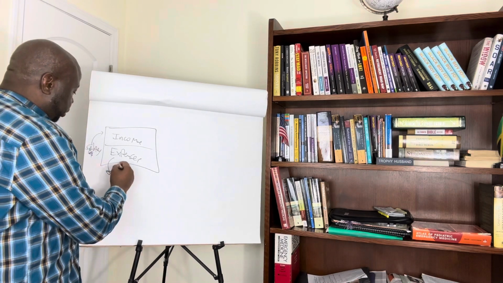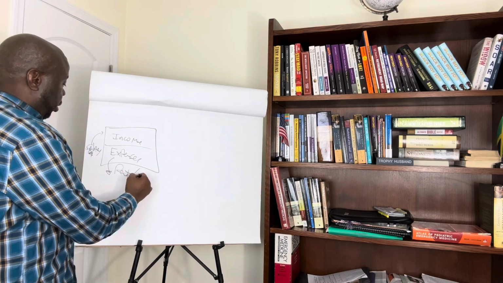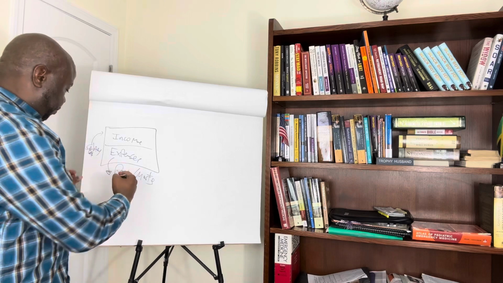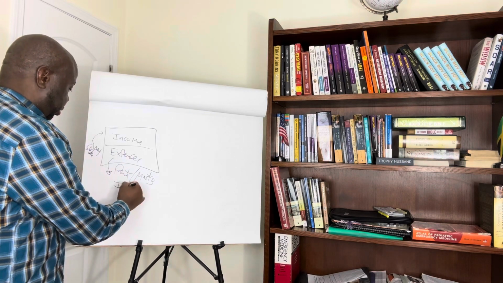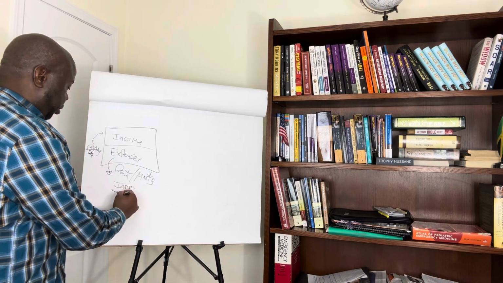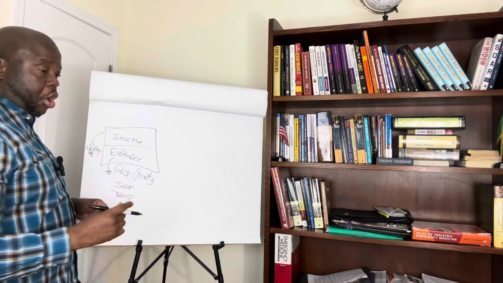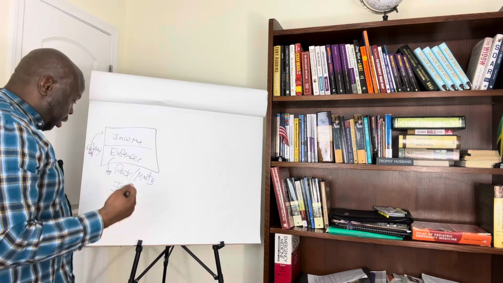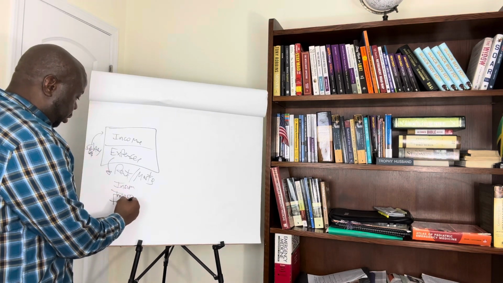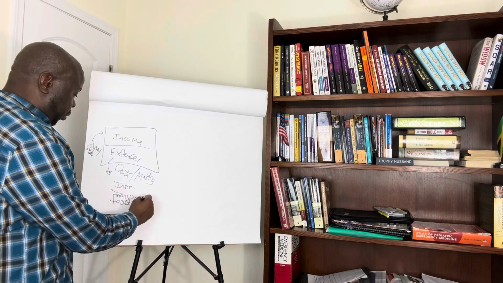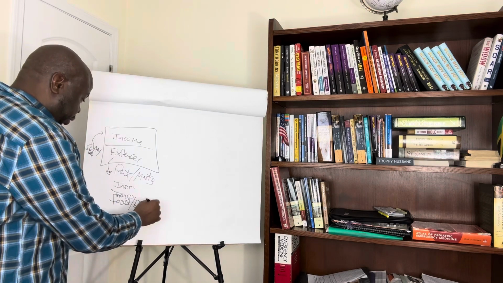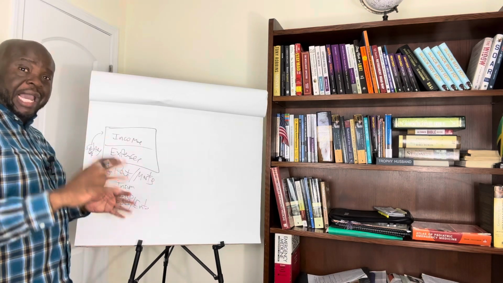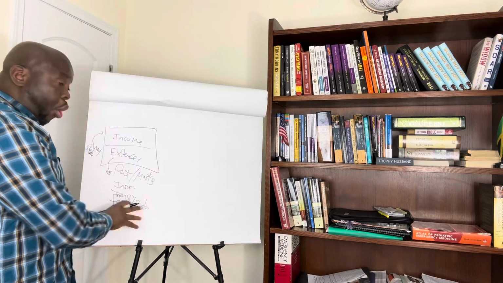Living. So here is where your rent or your mortgage comes in. Your insurance. Your transportation. So your car payments, your gas, your train, your bus ticket, your food, your entertainment if you're going out, your tuition for your children, your utilities, your cable, your Netflix. These are all your expenses.